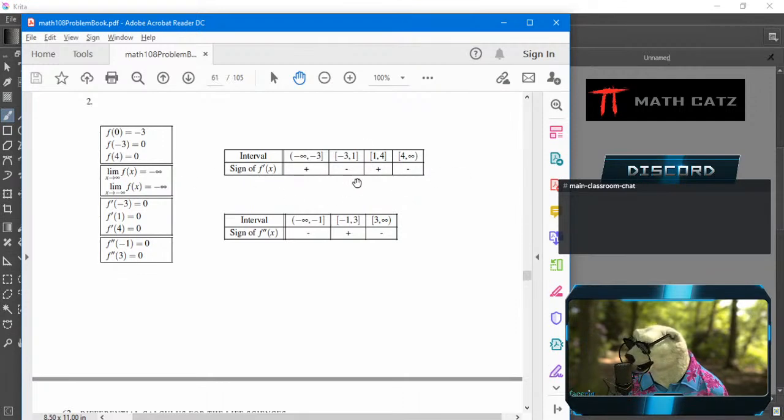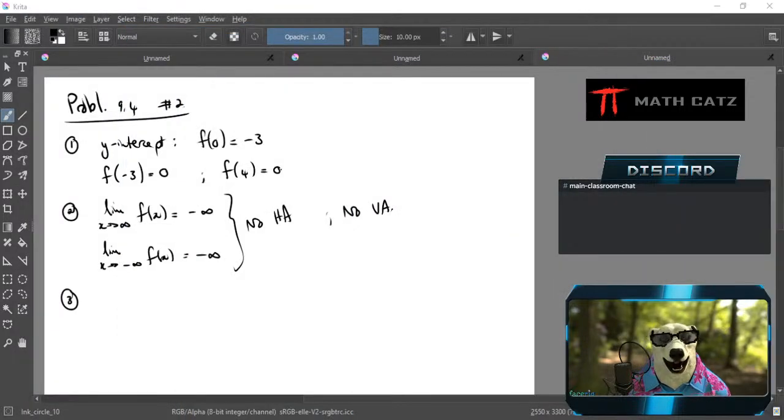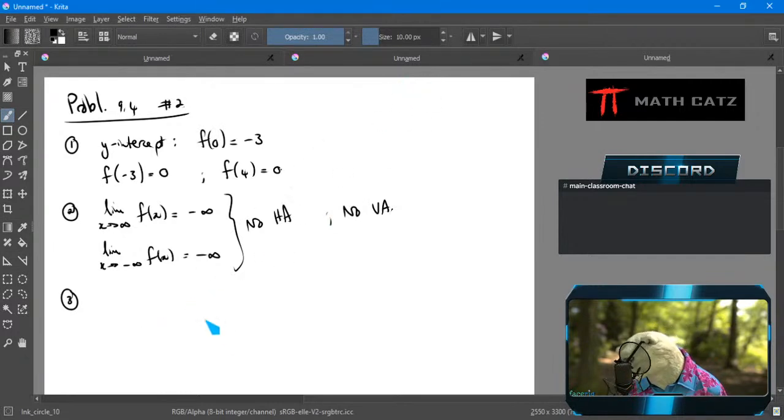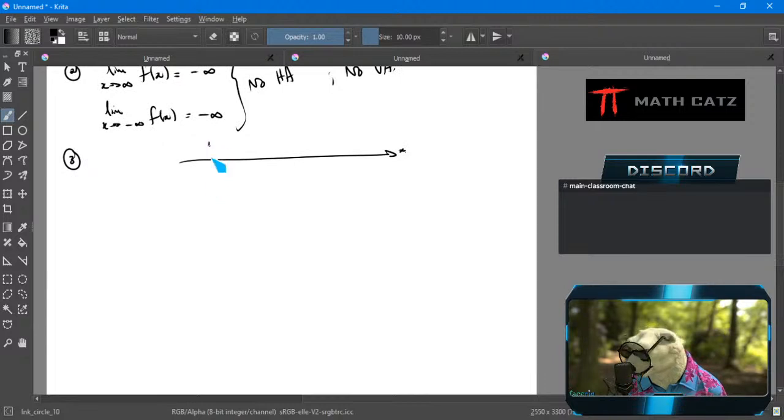So now I'm in the increasing decreasing behavior step, and I need to see that table. So I like to copy the table, make it look more familiar. So let's do that. There's my number line. They don't show me the detail, but they tell me I need to split this up according to -3, 1, and 4.